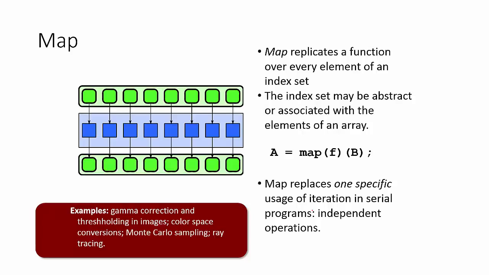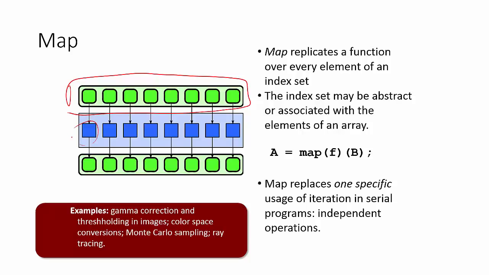Here's an example of one of the most important and powerful patterns. That's the map pattern. The map pattern replicates a function over every element of an index set. The index set here is the set of green boxes, and the map function are these blue boxes.